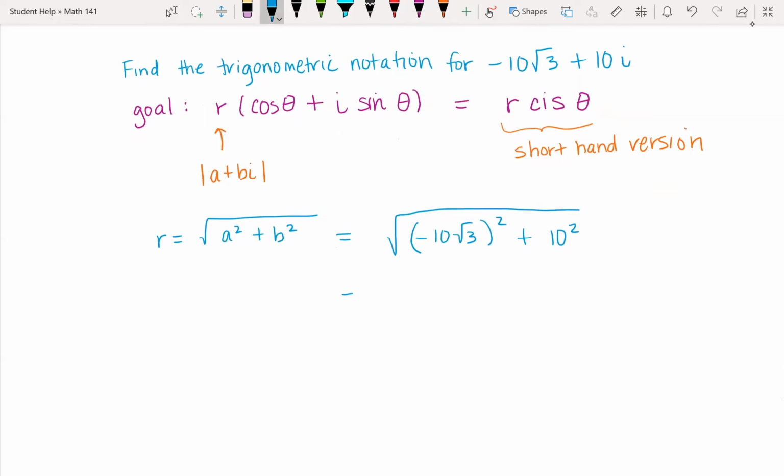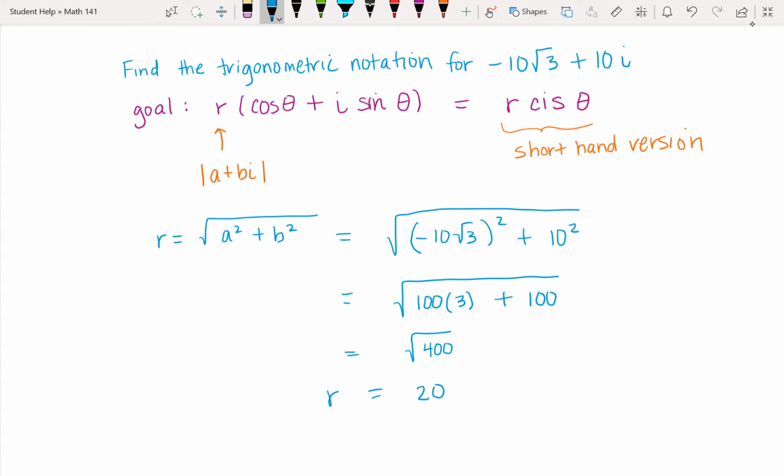When I square -10 times the square root of 3, -10 squared will be 100, and then the square root of 3 squared will just be 3. So I think I'm looking at the square root of 400, or 20. So I think r is equal to 20. That's the length of the vector that we're thinking about.